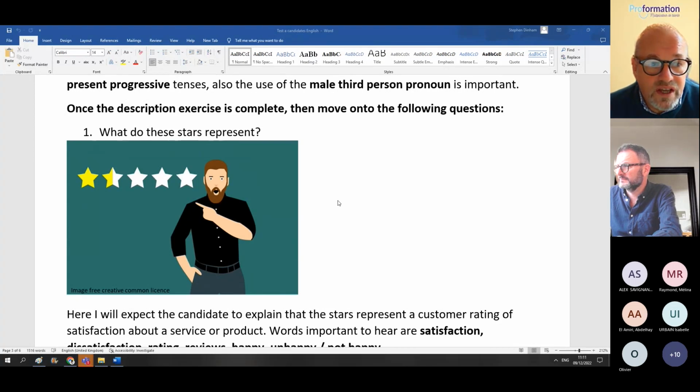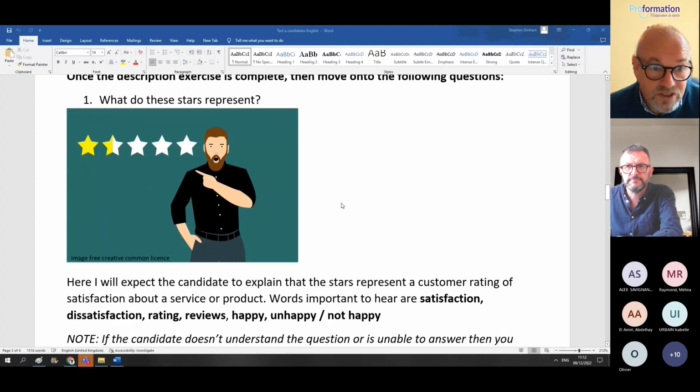This picture shows 1.5 stars out of 5. So the rating for this company, if this is over a large number of reviews, is very poor. And just by looking at the image, I would be dissuaded from buying anything or using the services of this company.